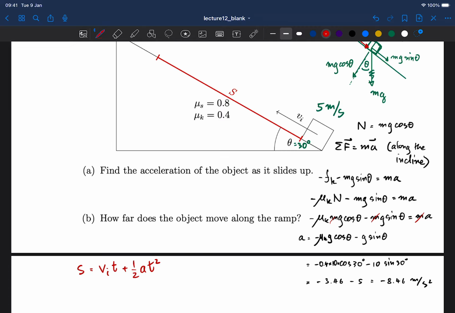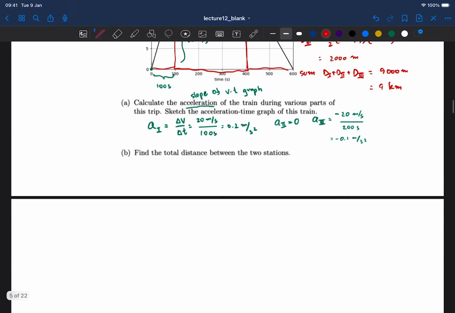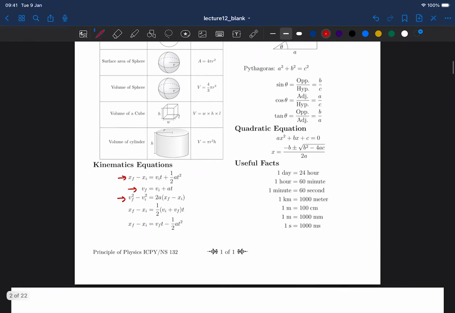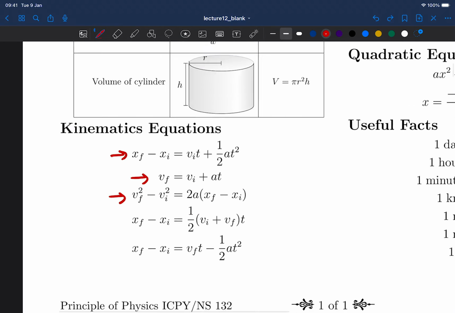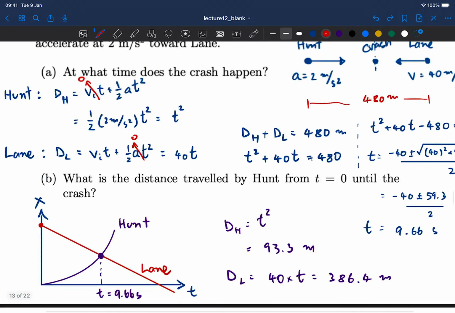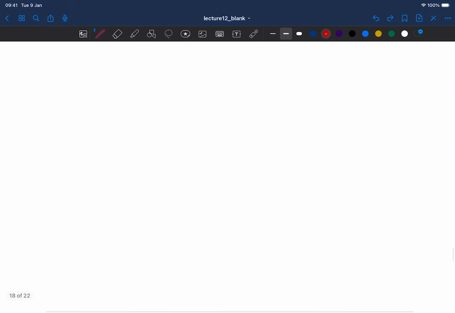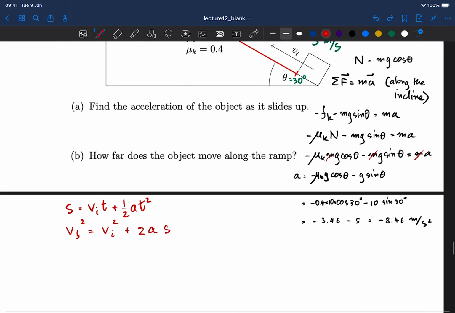So it's probably better if we use a different formula, which is Vf square equal Vi square plus 2As, which is one of the formulas in the formula sheet up here, this one. Okay, let's go back. So this is good because there's no time variable.